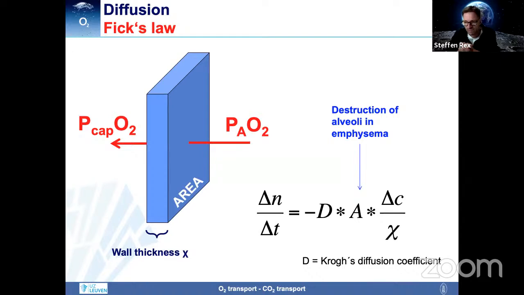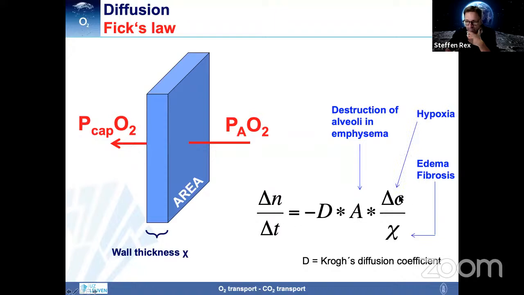If you have, for example, emphysema, then your alveoli are just destroyed and you have less diffusion area available. That means you end up with hypoxia. If you have either edema or fibrosis, your wall thickness will increase and the diffusion will also decrease.